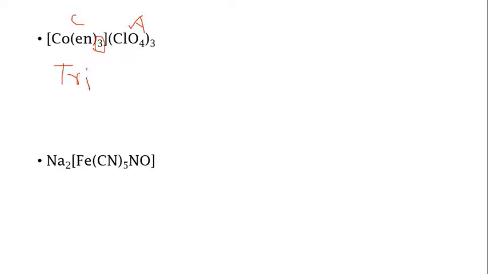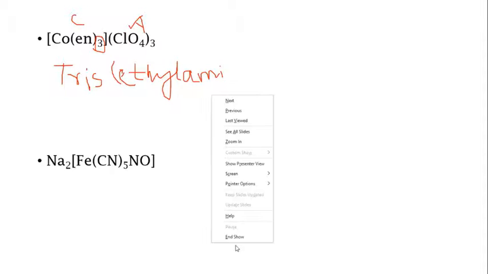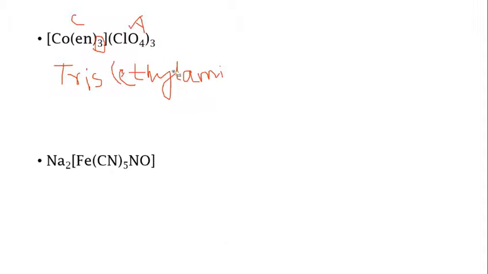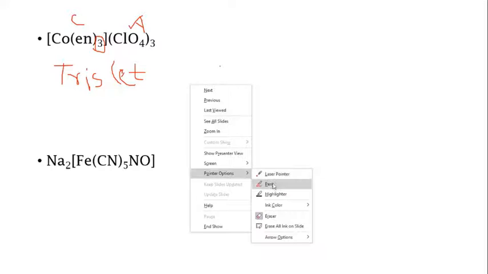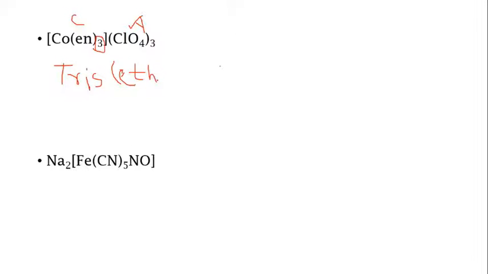This is the prefix tris, and inside the bracket you write ethylene diamine, because en is nothing but ethylene diamine, and close the bracket.